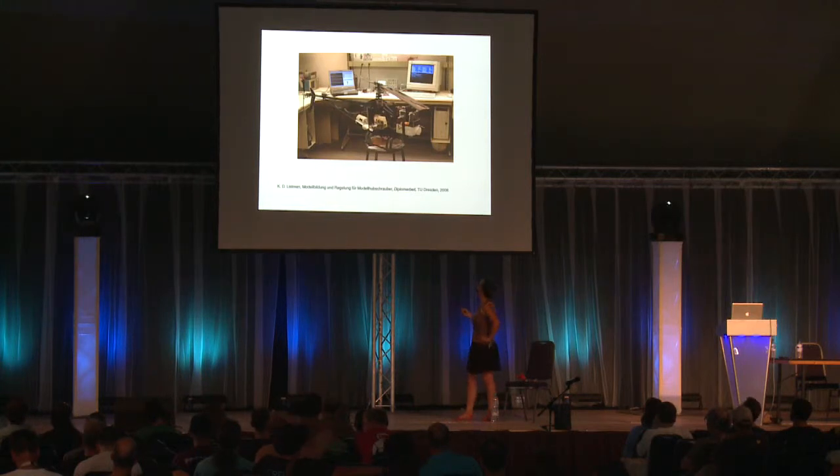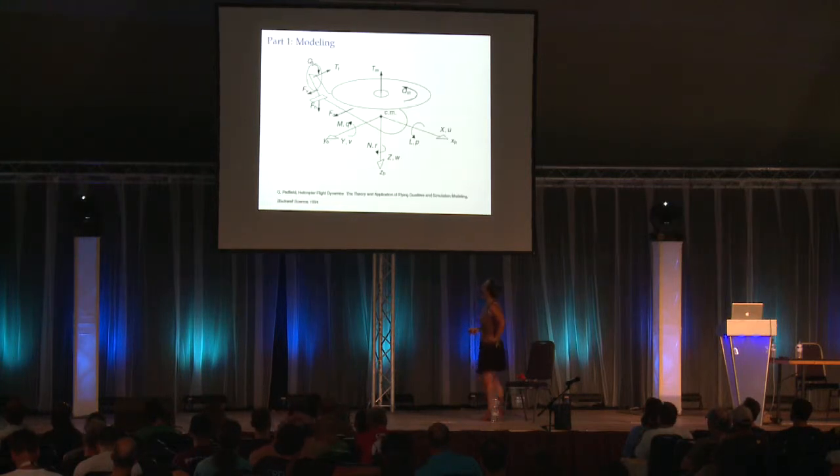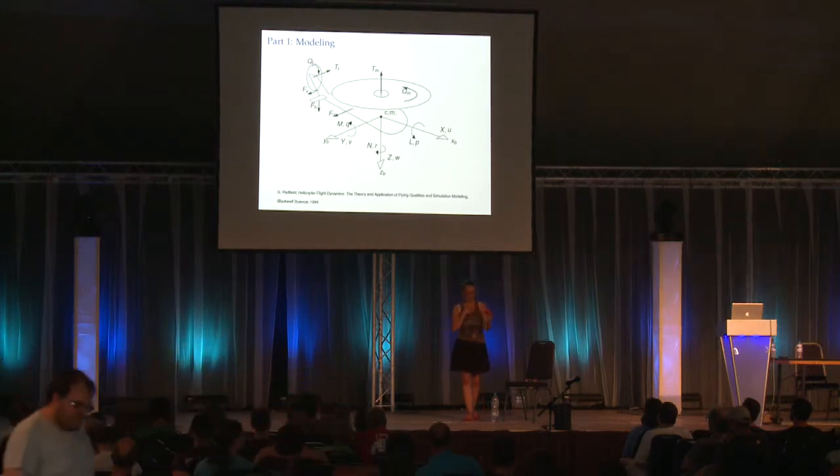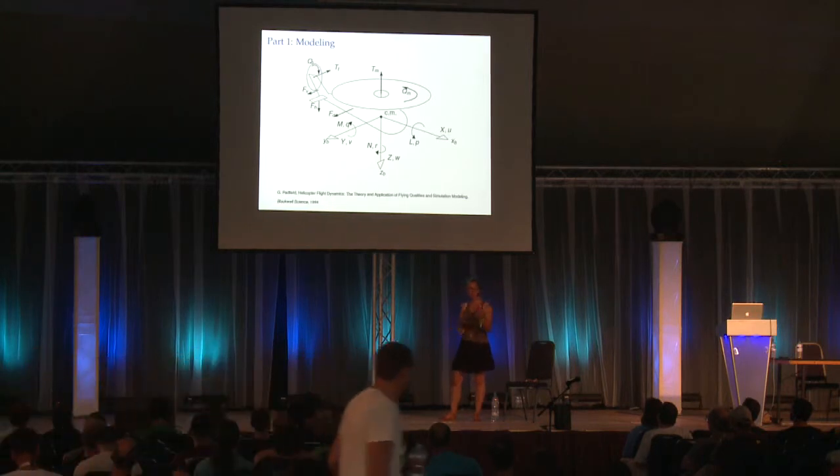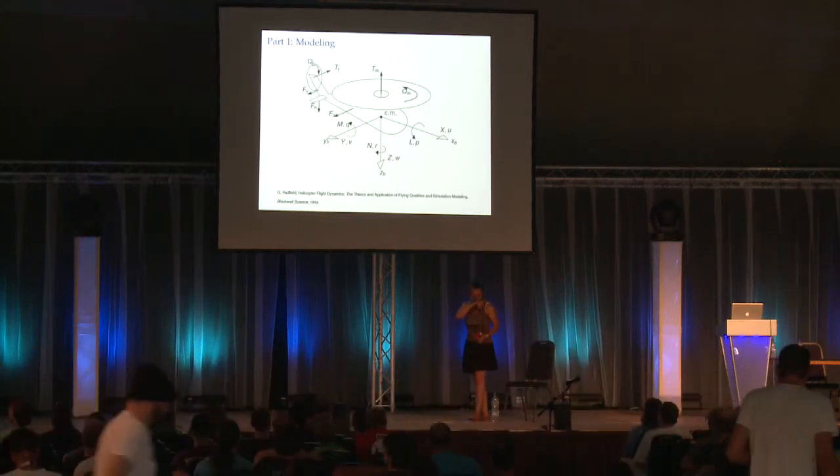So, modeling these things. Well, you have some things you have to set up first. First of all, the body frame of the helicopter: if it's moving around, it has its own frame.